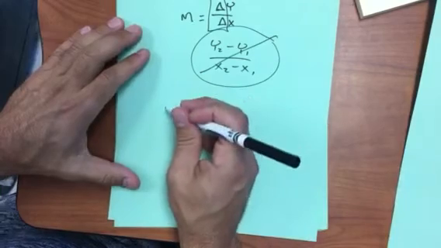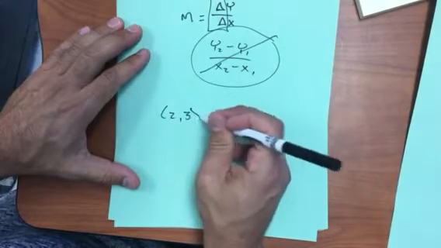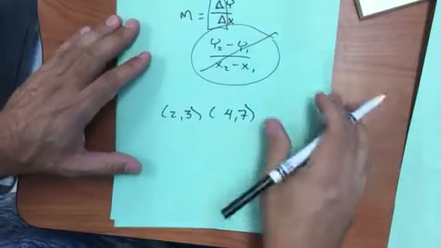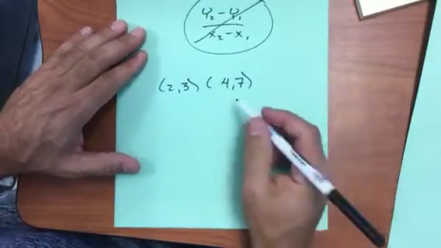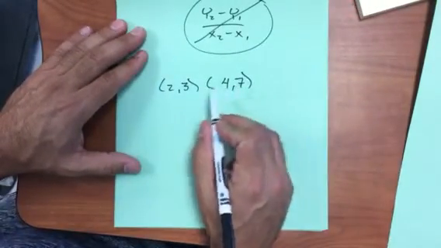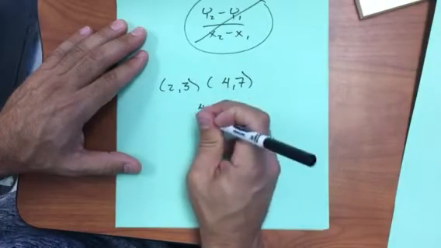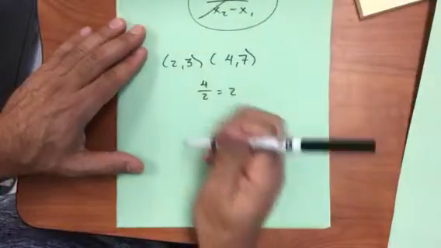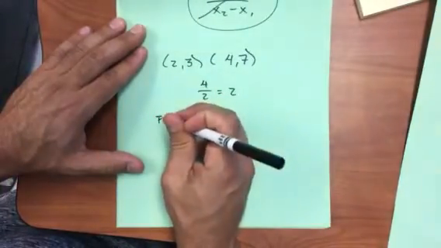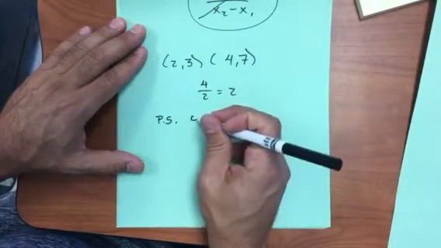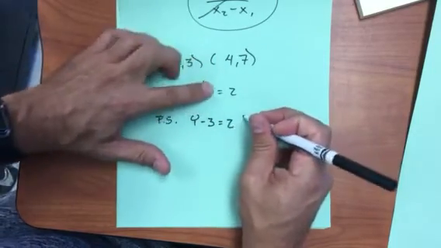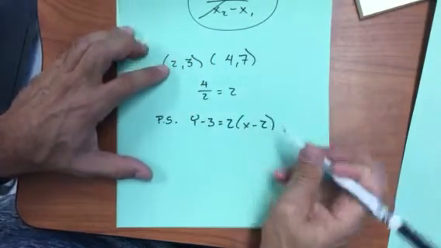So let's say they give me 2 points, and it asks me to write it in all 3 different ways. The first thing I'm going to do is find the slope. So I'm going to go 7 minus 3 is 4 over 4 minus 2 is 2. So I have a slope of 2. So in point slope form, I would write it as y minus 3 equals 2 times x minus 2.